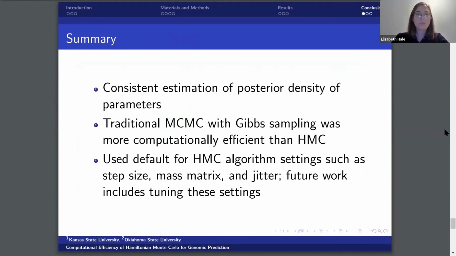So to kind of wrap this up, we did see overall consistent estimation of the posterior density of the parameters. So the numerical results matched from both of the algorithms that we were looking at. However, traditional MCMC with Gibbs sampling was more computationally efficient than that Hamiltonian Monte Carlo, which was surprising because Hamiltonian Monte Carlo is expected to get a more representative, more effective sampling than the traditional MCMC was.